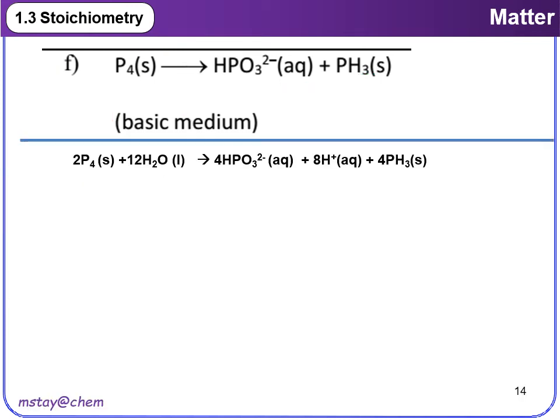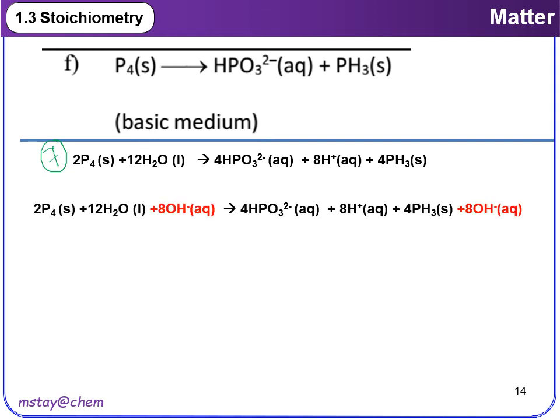Okay, we continue with balancing the redox equation in basic medium. So this is the equation at step number 7. Next, for step number 8, we are going to add OH negative on both sides. Why 8 OH negative, not 2 or 4 or 5?